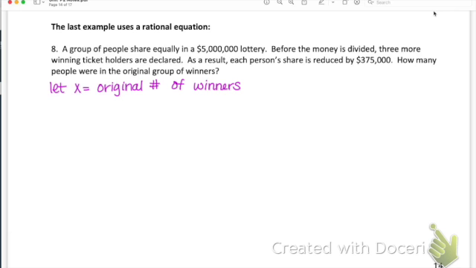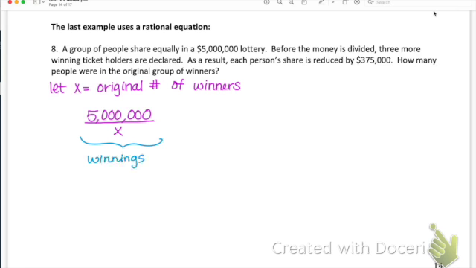Okay, so originally, everybody was going to take 5 million and divide it by the number of people in the original group of winners, and they were going to earn some amount of money. But that amount of money got decreased. This is the original amount of their winnings, right?